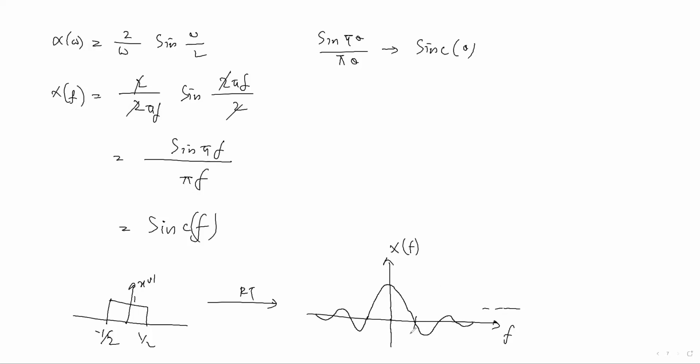What is the value at the first point? At 0 it will be 1 only. The axis marks are 1, 2, 3 and minus 1, minus 2, minus 3. So you should know the Fourier transform of the rectangular function is a sinc function. When you increase the width of the rectangular, the sinc function will be compressed. That also you should know.